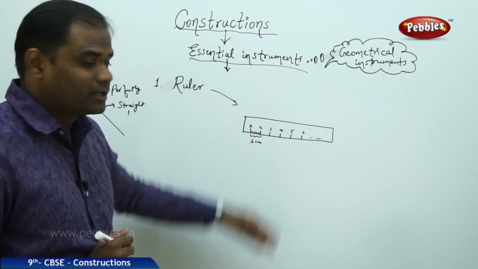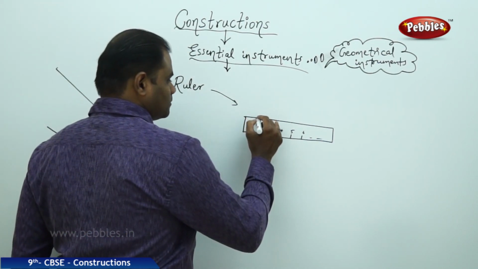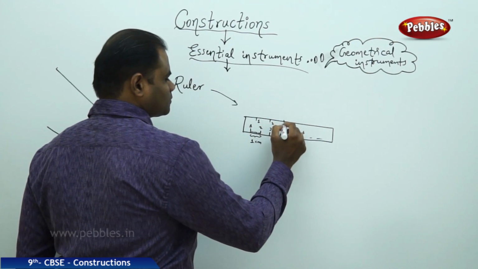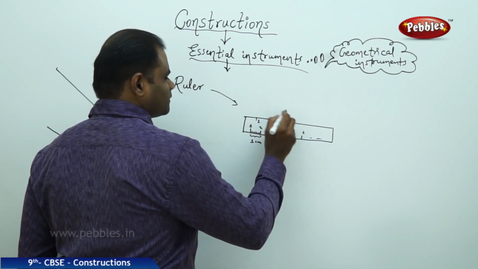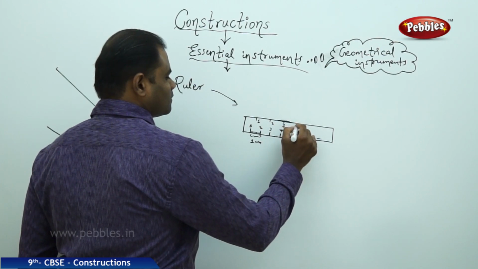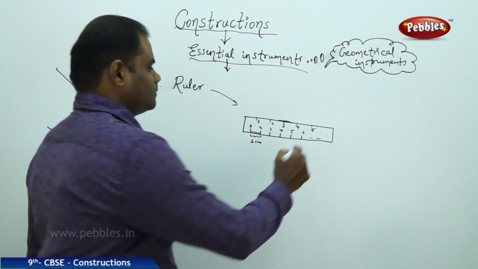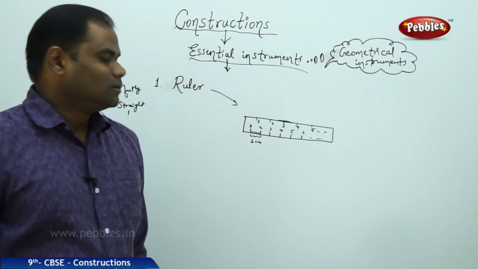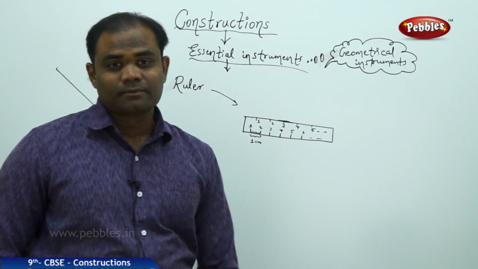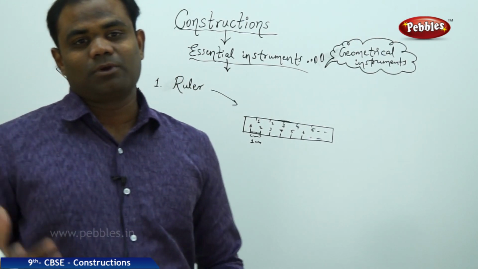And the other side of the ruler has the measurements in inches. So here I have them in inches: 1, 2, 3, 4, 5, etc. So I have the measurements here in centimeters and here in inches, which is how we understand a ruler basically with its properties.